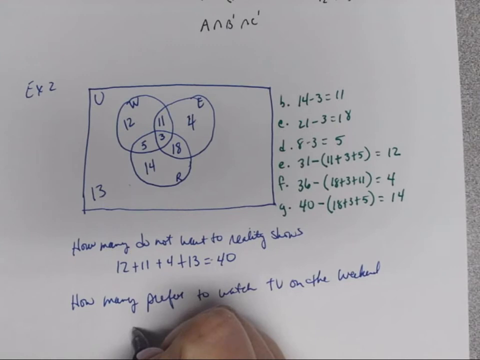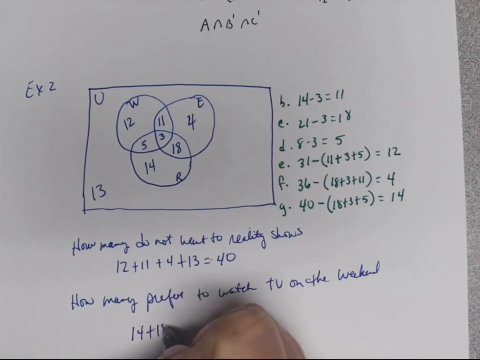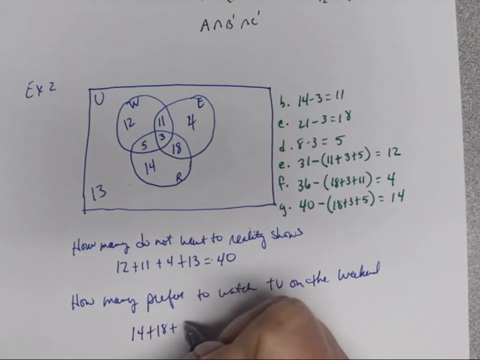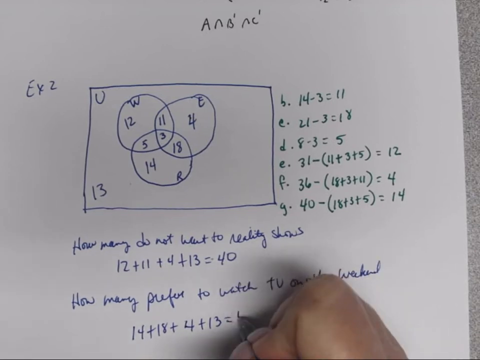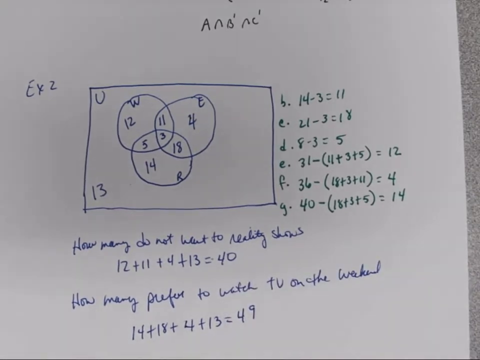It doesn't matter the order you put them in, as long as you gather all the numbers that are not weekday and are the weekend. And when we total that up, we will get a total of 49. So we can say that 49 want to watch TV on the weekend.